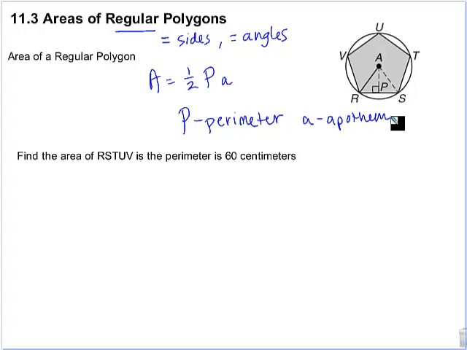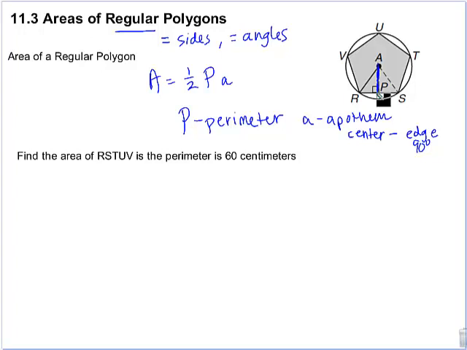So the apothem. The apothem is the length from the center to the edge, and it forms a 90-degree angle. So right there would be your apothem on that regular pentagon in that diagram. Okay?